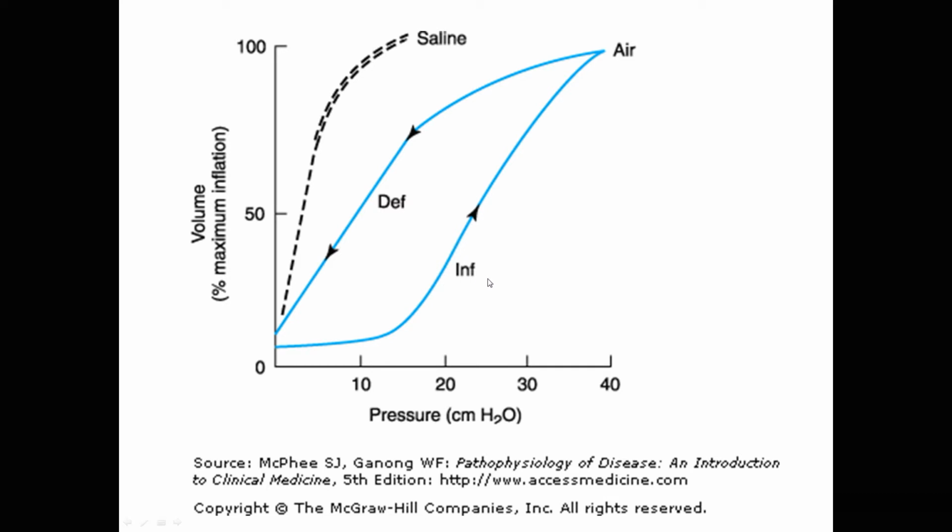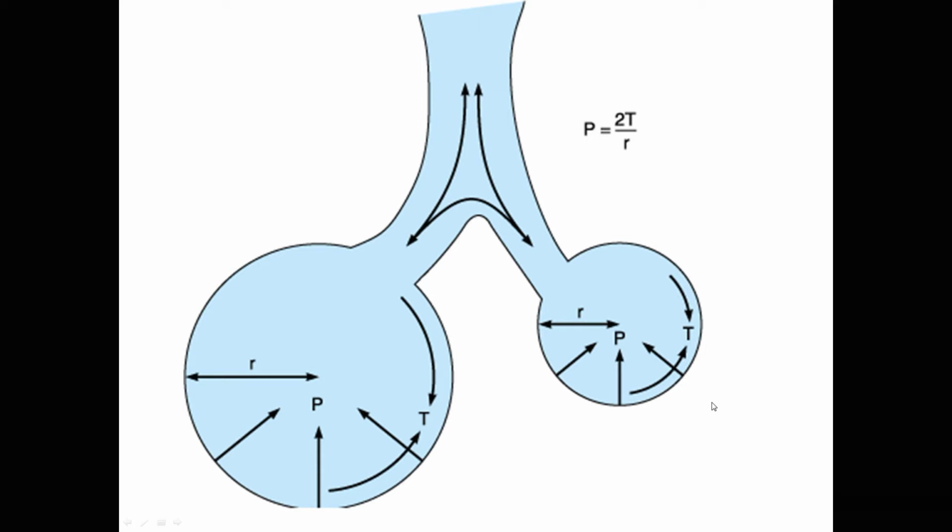This is the surface tension of the alveoli. The next slide illustrates the importance of the surface tension. If two connected alveoli have the same surface tension, then the smaller the radius, the greater the pressure tending to collapse the sphere.